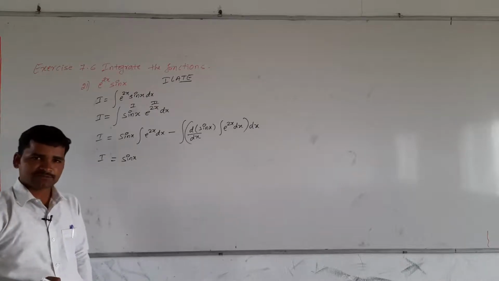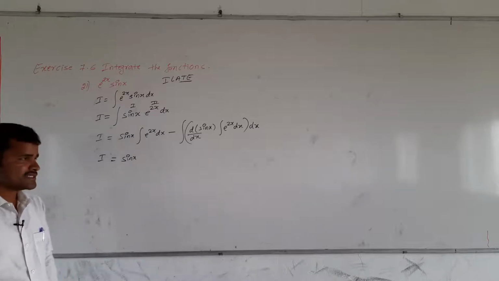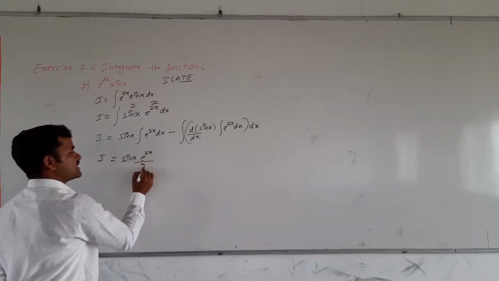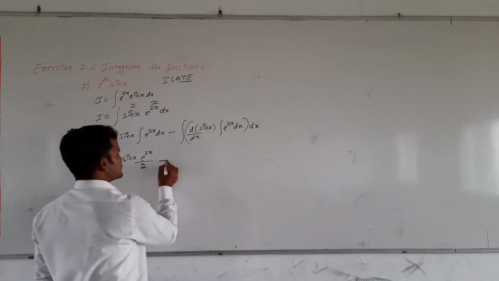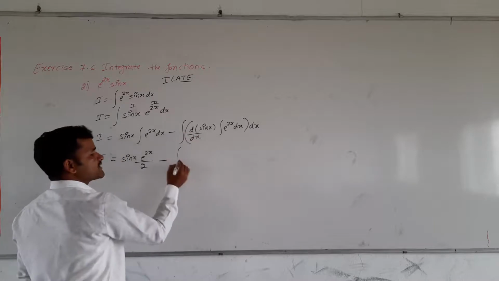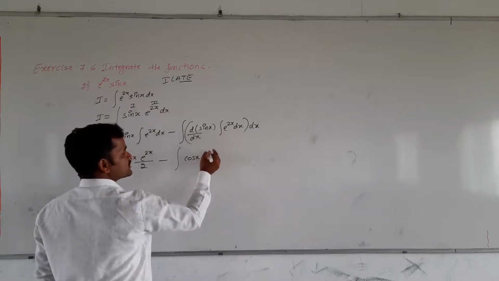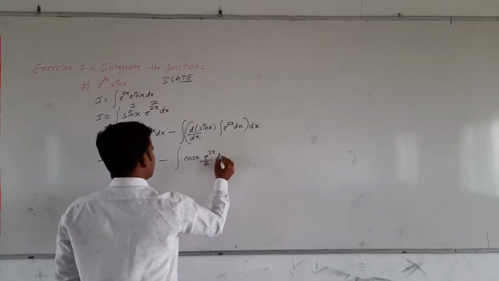F is the exponential function, and ax plus b is 2x plus 0. So we write the x coefficient: e raised to 2x by 2. Then minus the big integral of the differentiation of sin x, which is cos x, into the integration of e raised to 2x, which is e raised to 2x by 2, into dx.